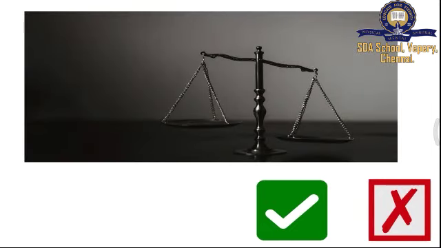Next, tarazu, the weighing machine. Can you guess and tell me? Yes, I can understand what you're telling. Some weighing machines require electricity, but this type of weighing machine, the thulabar, does not require any electricity because it is man-made and we use it by hand.